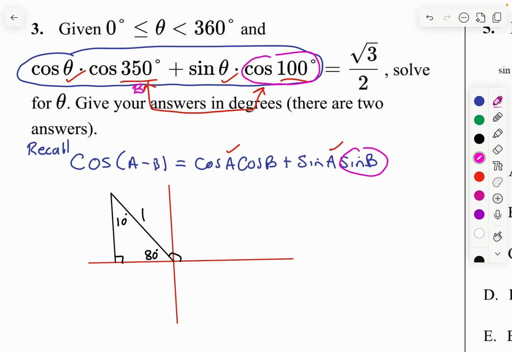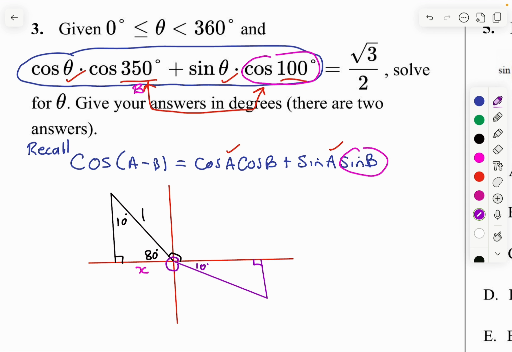Now the cosine of 100 degrees would be this value here, that x coordinate. Whereas cosine of 350 would be this rotation, except the last 10. It looks something like this. So that's 10 degrees.